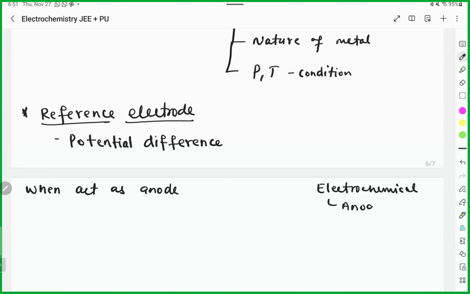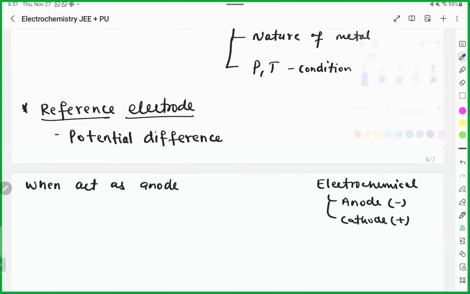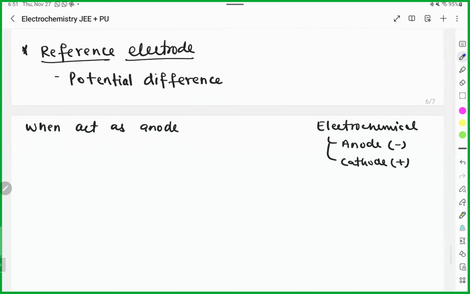Anode negative and cathode positive. Sir, where oxidation occurs? Yes, this is actually a good idea. Doesn't matter what the charge is, wherever oxidation occurs, it is always anode. Where reduction occurs, it is cathode.